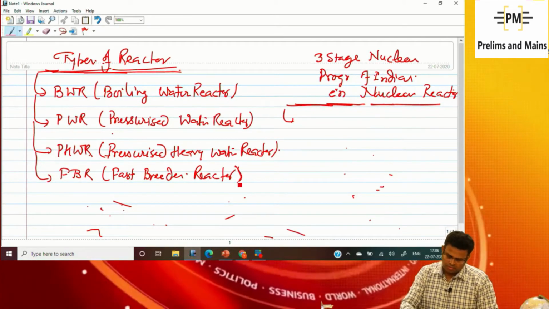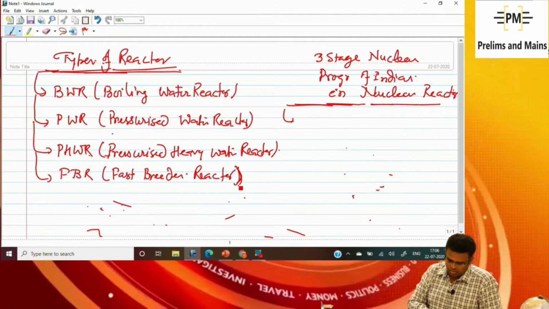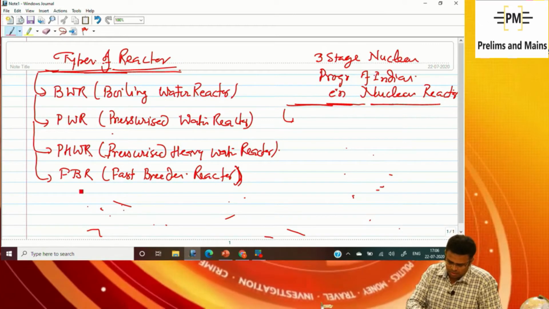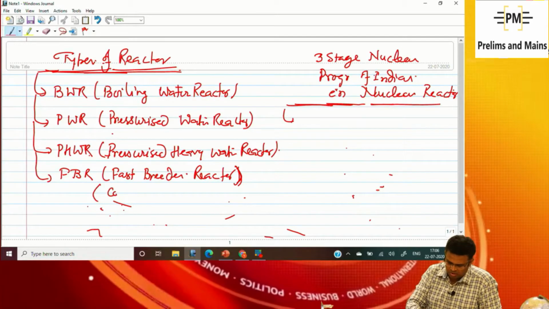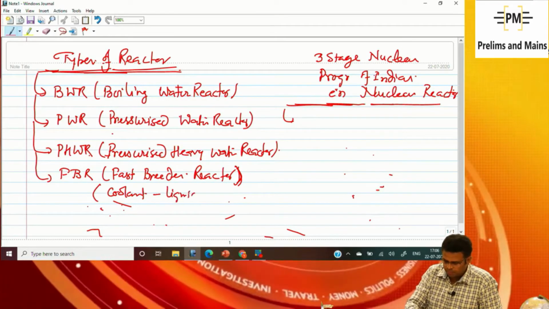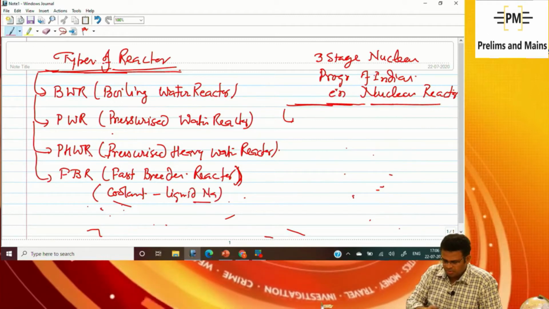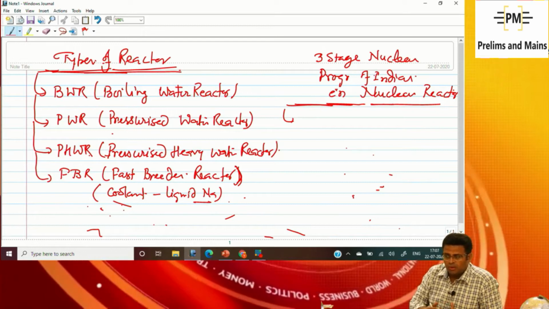So these are the 4 important types of reactors in the world. In the fast breeder reactor the coolant is liquid sodium, and sometimes it is also known as liquid sodium breeder reactor.